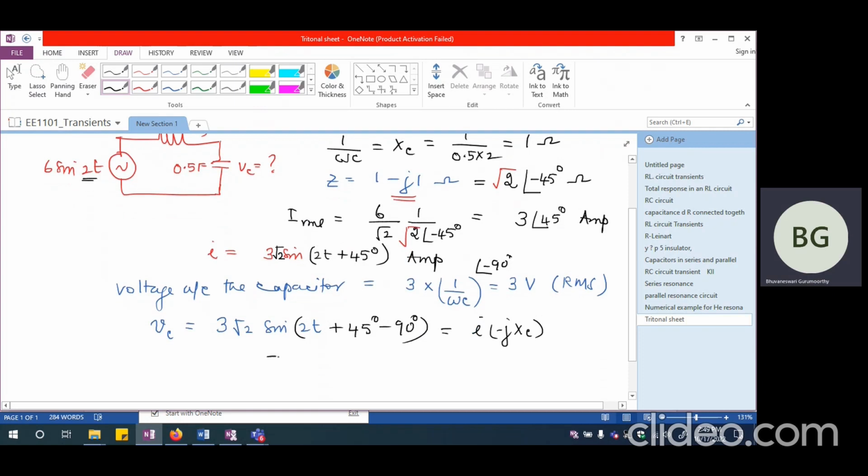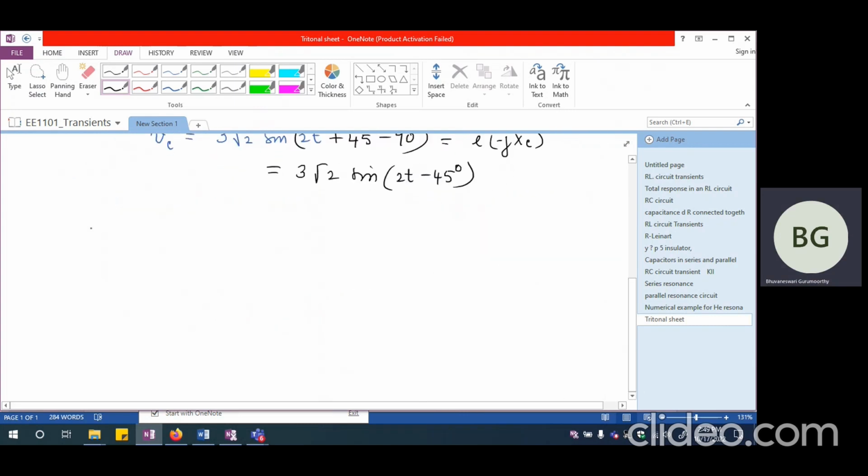That's what I have written. So this is going to be 3 root 2 sine of 2t minus 45 degrees. So this is going to be the voltage across the capacitor. So this corresponds to problem number 1.